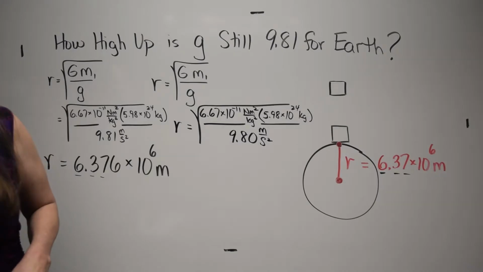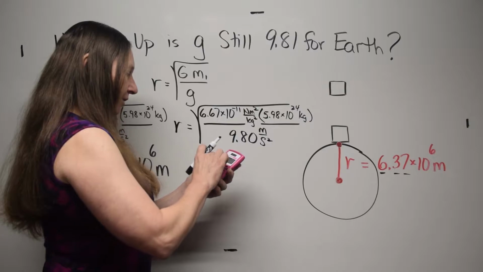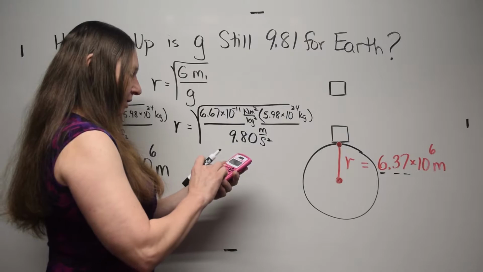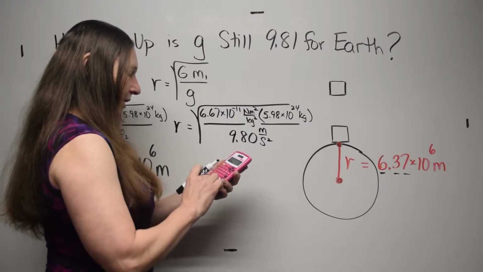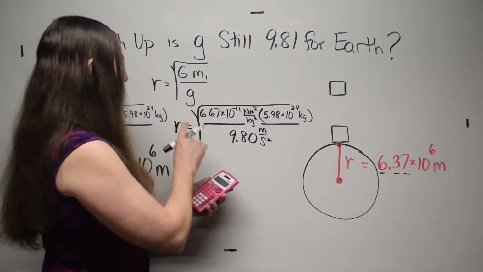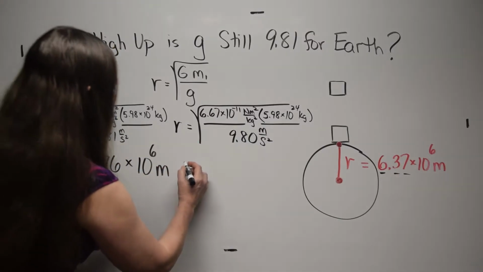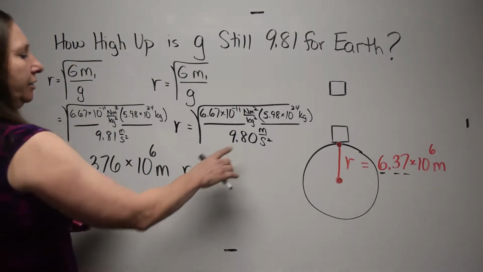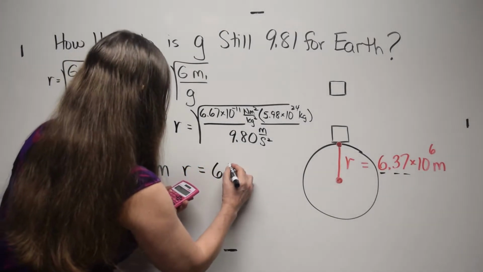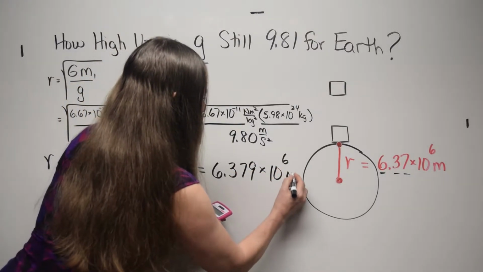All right, so what we do is we plug in these numbers. 6.67 E negative 11 times 5.98 E 24, hit equals, divide that by 9.8, hit equals, now take the square root, and we're getting that R, for it to be 9.8, R would have to be 6.379 times 10 to the 6th meters.